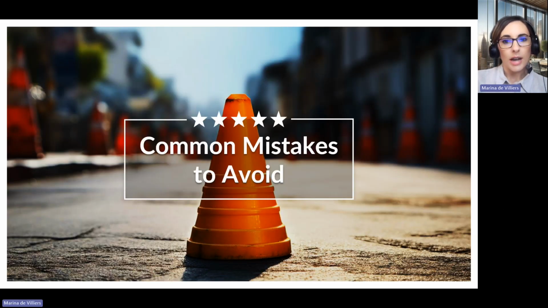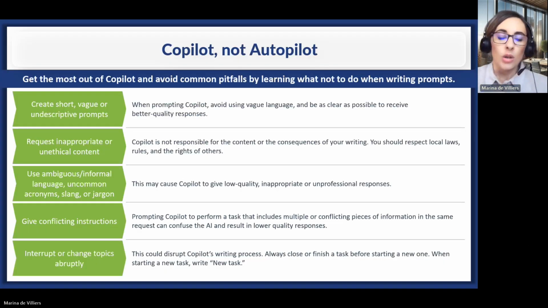Okay, so let's jump into common mistakes that you need to be aware of and try and avoid while interacting with Copilot. And it's important to remember that Copilot is exactly that. It's working alongside you and not for you. That's why it's called Copilot and not autopilot.